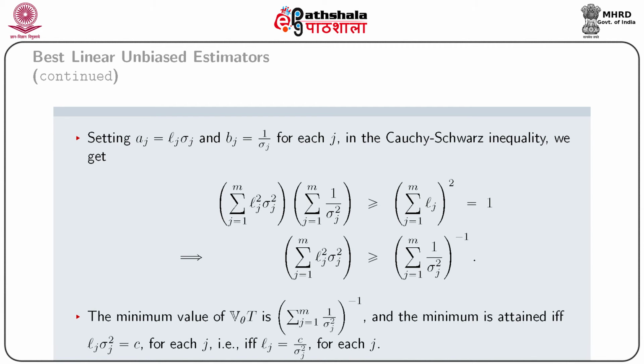The minimum value of variance of T is equal to 1 by summation over i from 1 to k of 1 by σi², and the minimum is attained if li σi² equals C for all i, which implies that li equals C by σi² for all i.